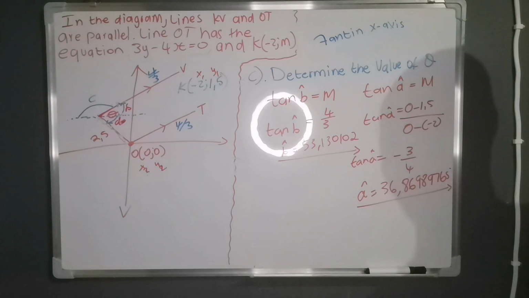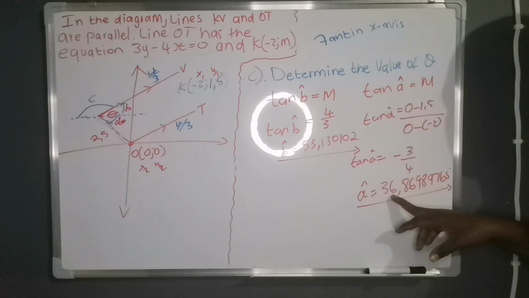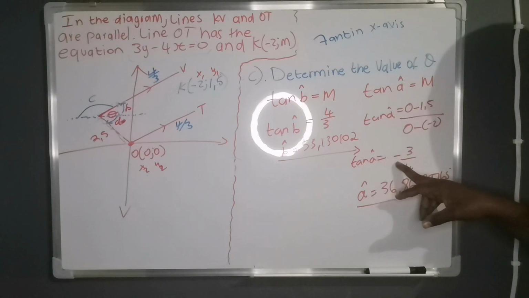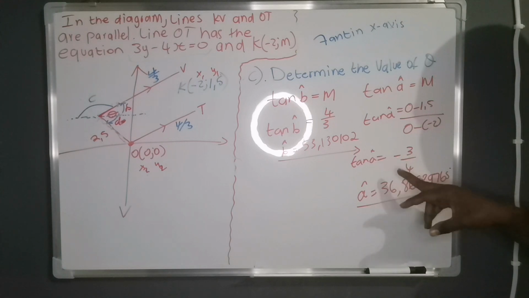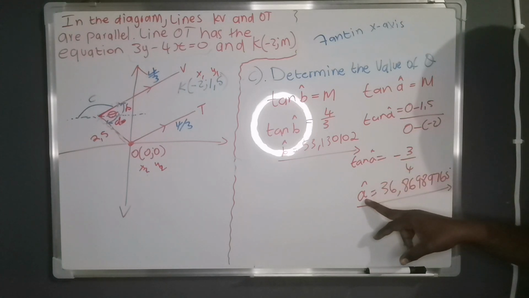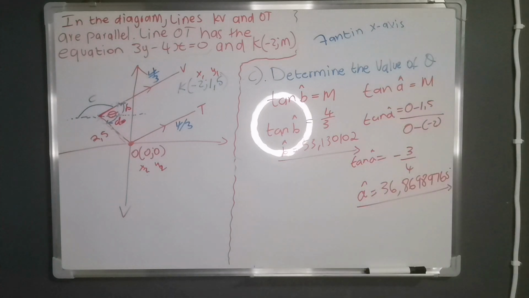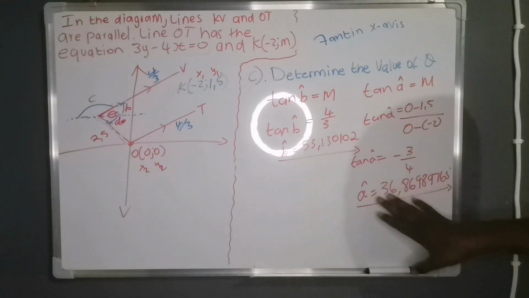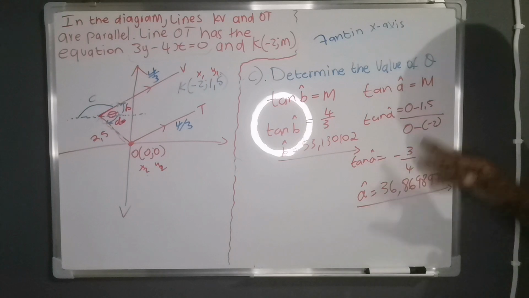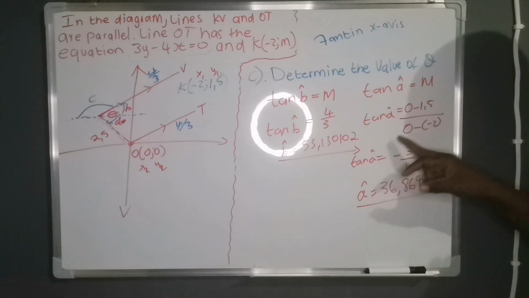Remember, guys, why do I not say 180 minus? I did not put in this negative on my calculator to find angle A. So why don't I say 180 minus 36, since now I have a negative angle here?